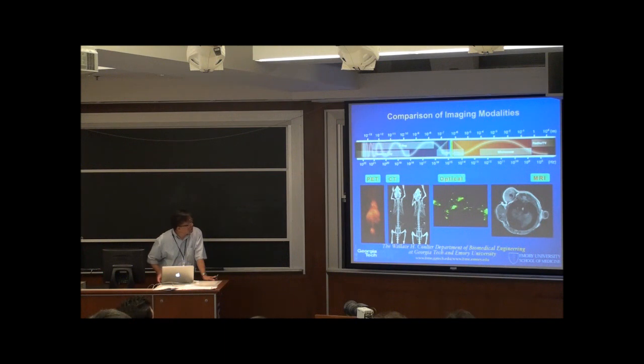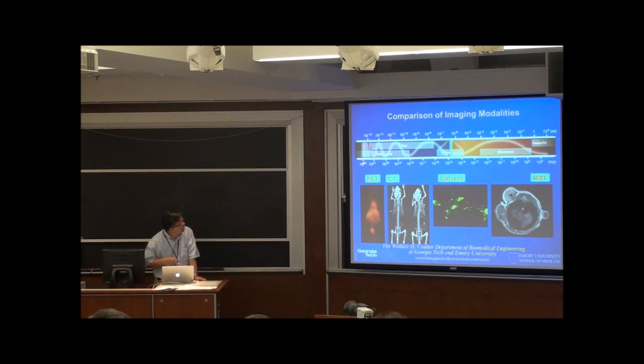If you compare those, here we have two scales. One is the spatial dimension, okay? So from 10 to the minus 13 all the way to 10 to the 1, so that's meters. You can see the range of PET, CT, optical, which is the visible light, and MRI, which is here.